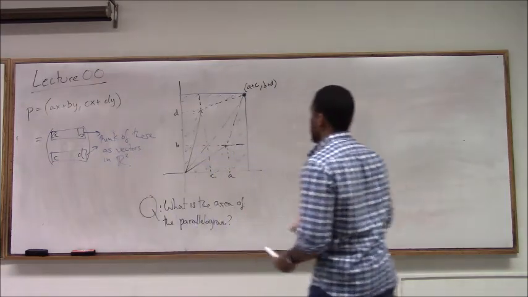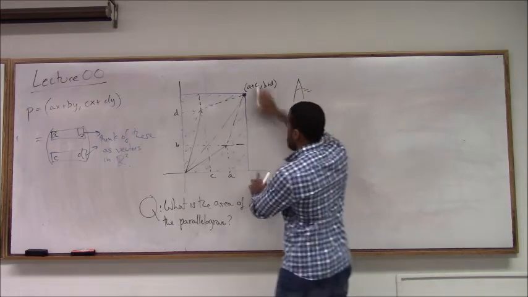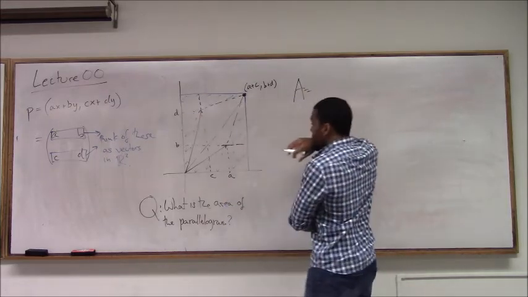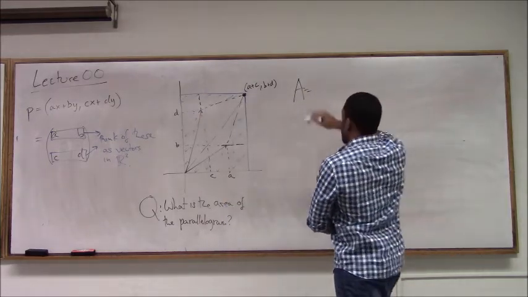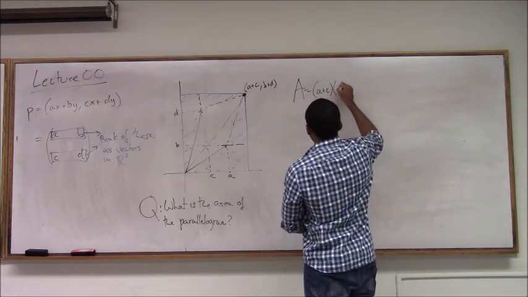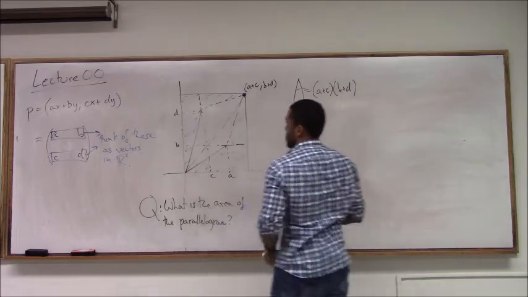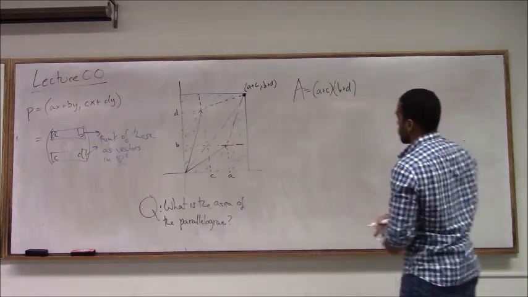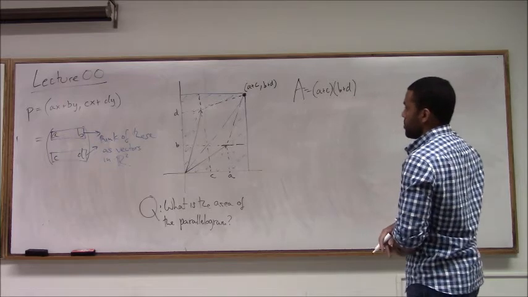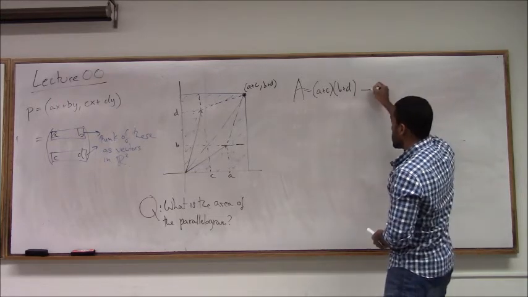Okay, so what are we going to do here? The area of the big rectangle is going to be what? A plus C times B plus D, right? It's length times height. Okay, and let's subtract all the other parts.